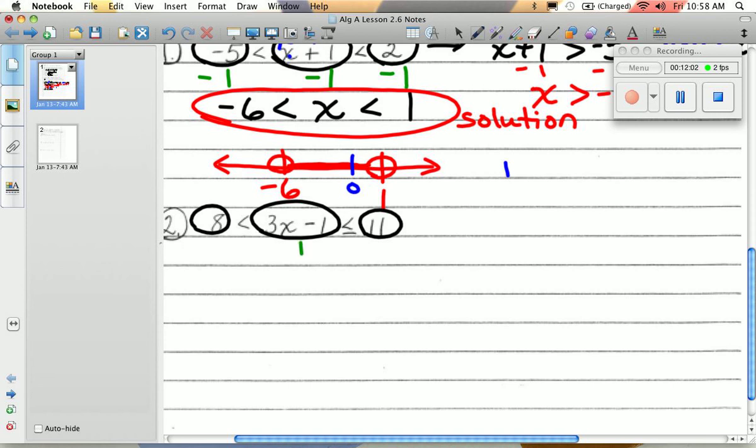Yeah, add 1 to all 3 regions. So 8 plus 1? 9. 9 is less than, what's going to be in the middle? 3x. 3x is less than or equal to 11 plus 1? 12.